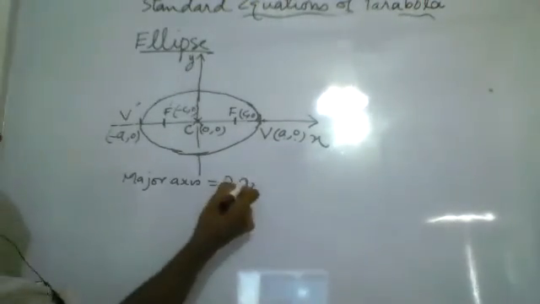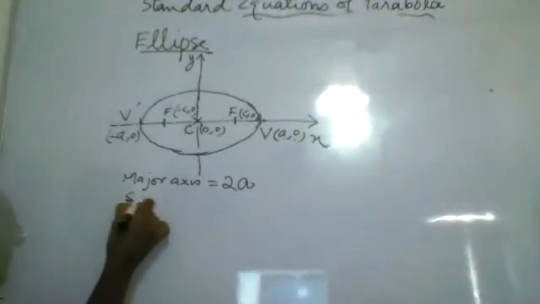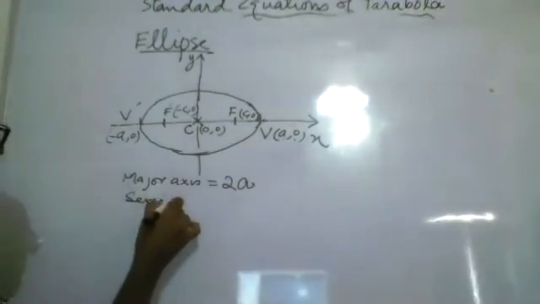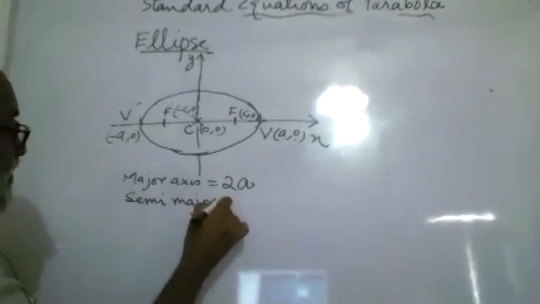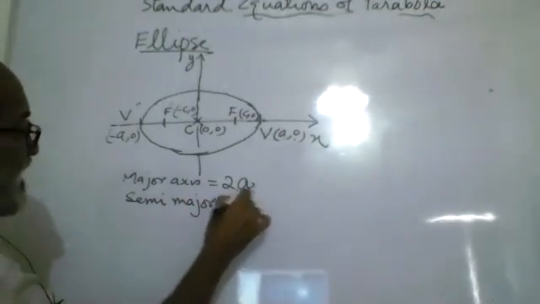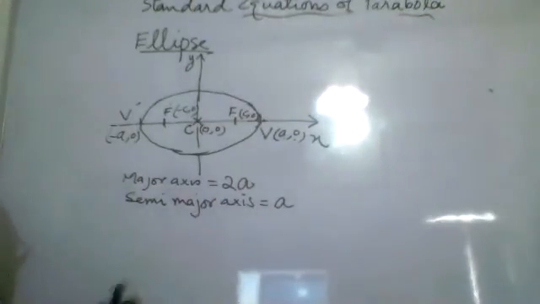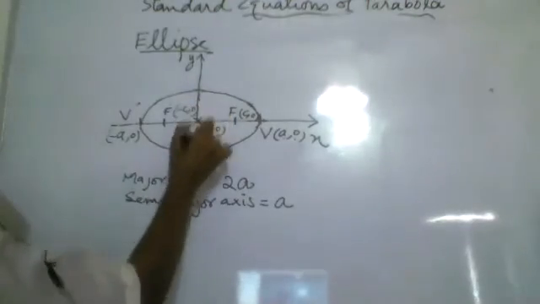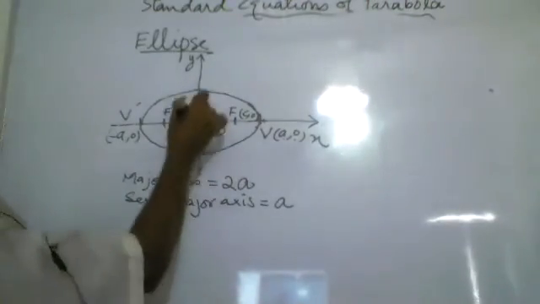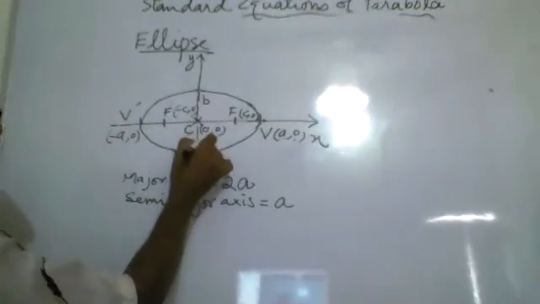And इसका half क्या होगा, यहाँ से यहाँ तक का distance, that is called the semi major axis. Semi means half. Semi major axis is equal to a. Major axis is double of the semi major axis. Up to here the distance is b. From the center to this one is b, and this is minus b.